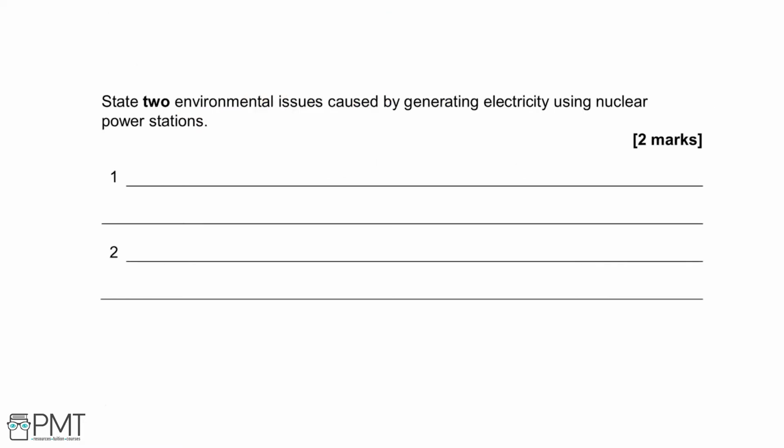State 2 environmental issues caused by generating electricity using nuclear power stations. There aren't just two answers to this, there are many, so I'll go through a few. The first two, and the two that I personally would have thought of, would be that the waste is radioactive and that the fuel is non-renewable.